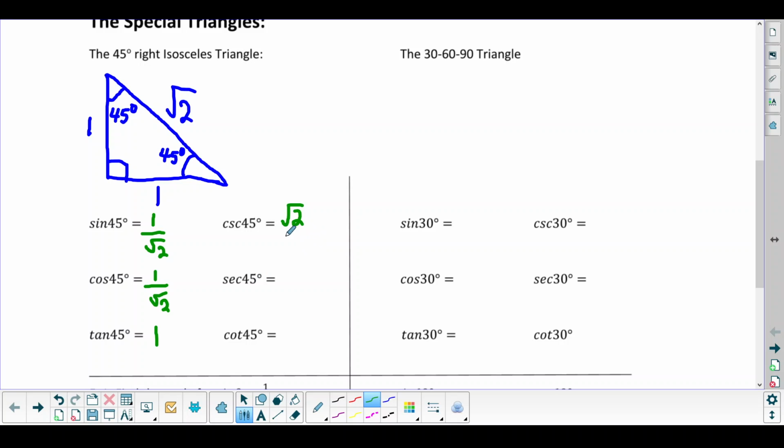You don't need to write the divide by 1 for a fraction usually. So secant is the reciprocal of cosine, so we'll flip that one. We get root 2. And cotan is the reciprocal of tan. Reciprocal of 1 is just 1. And these are all the trig ratios for 45 degrees.